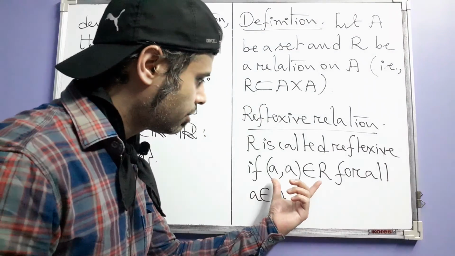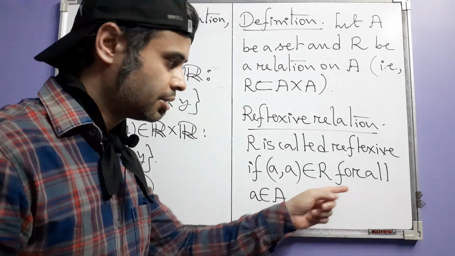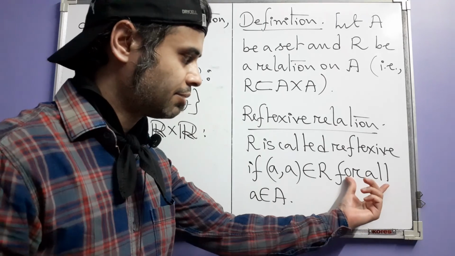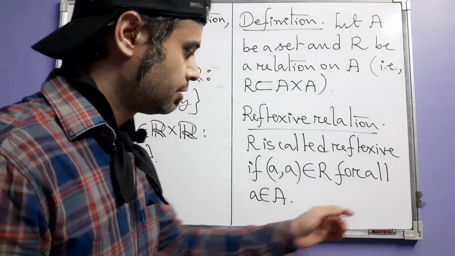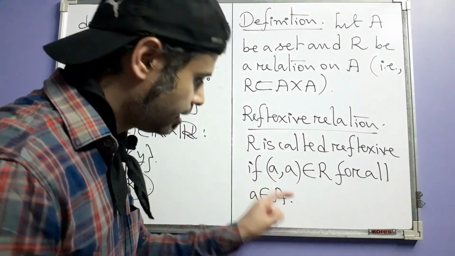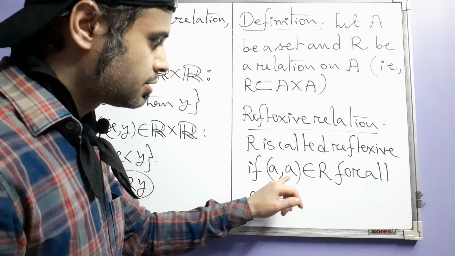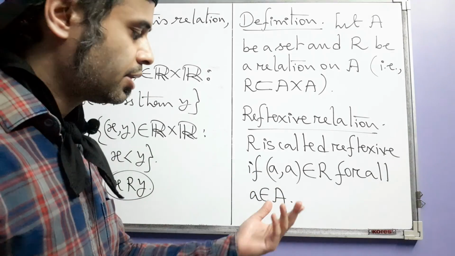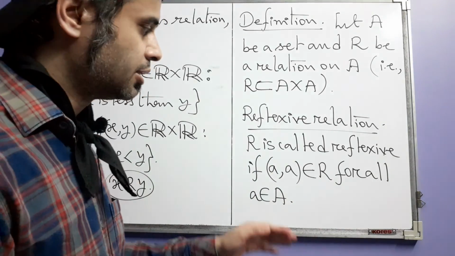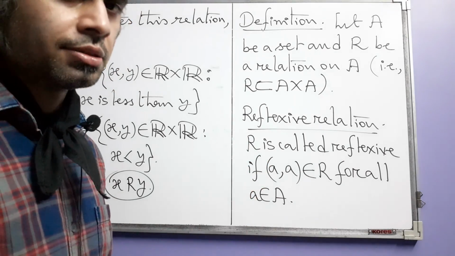Not only should you have this, but this part is also very important. This part having the phrase for all. This has to happen for all a in A. If this happens for some elements in A, but maybe it's not true for some other elements, then that's not a reflexive relation.